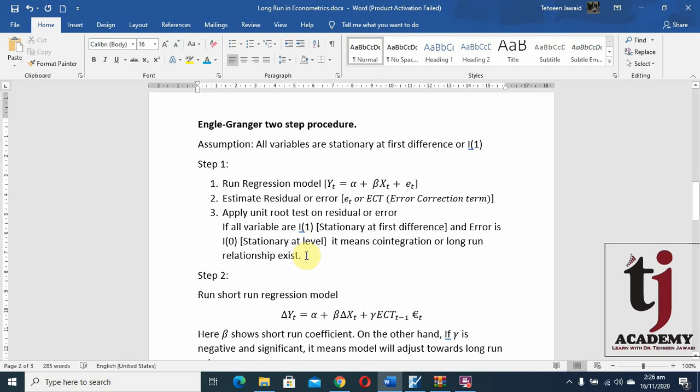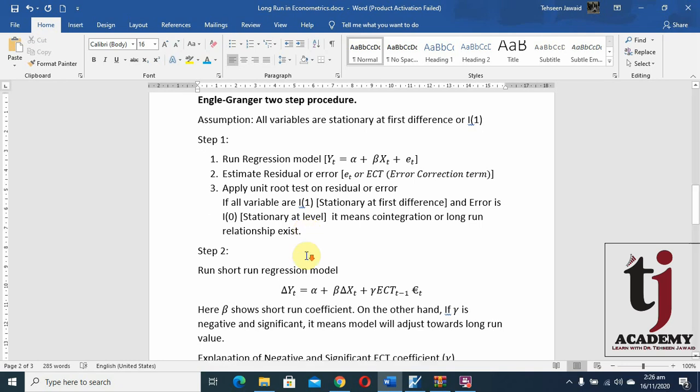If this is the case, we can move towards step 2, otherwise we cannot proceed. So let's assume here we have a cointegrating relationship.